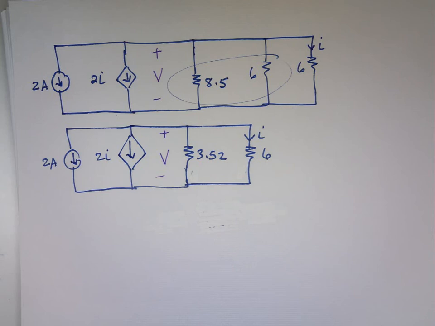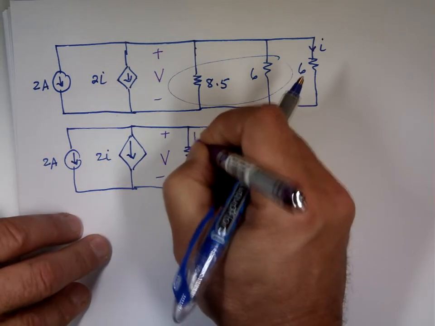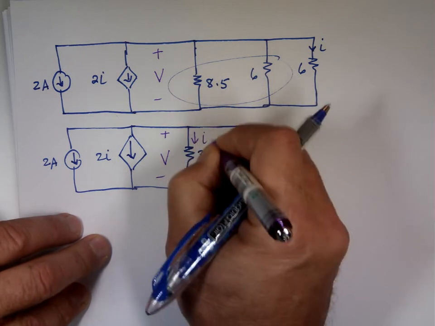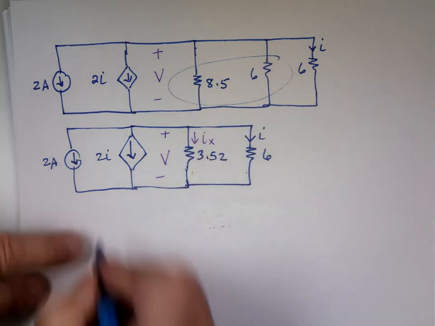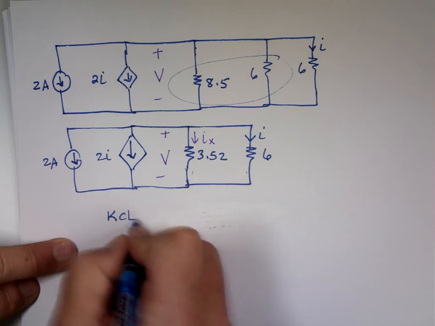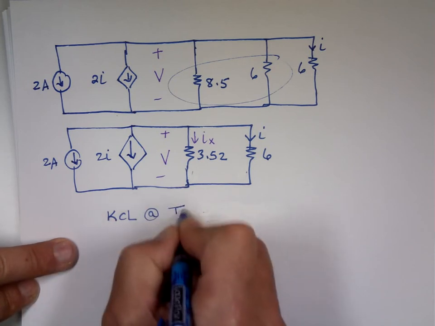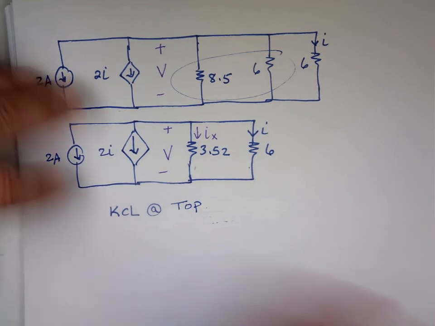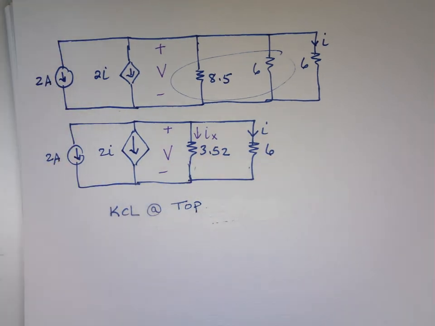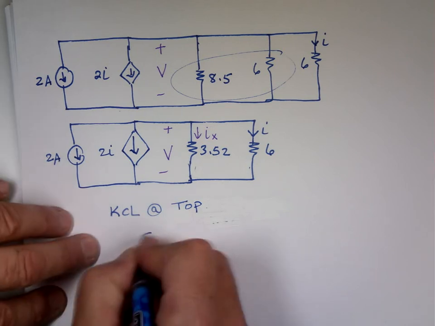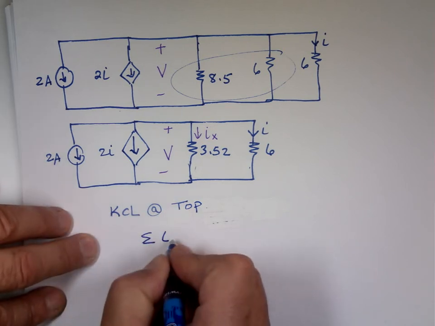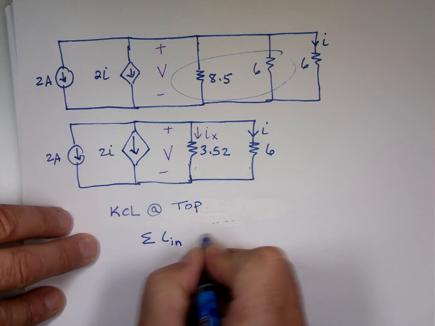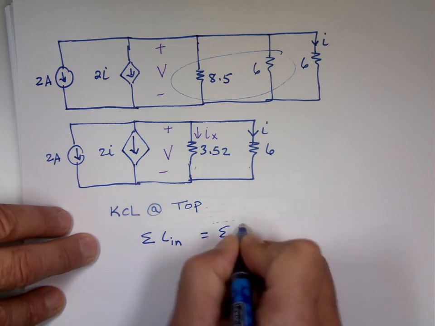Let's call this current coming down I sub x. So if I do KCL at the top, what do we have? What's the current going into that node? From my picture, do we have anything going to it? The way my picture is drawn, there is nothing going to it.